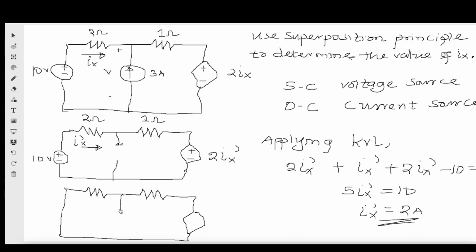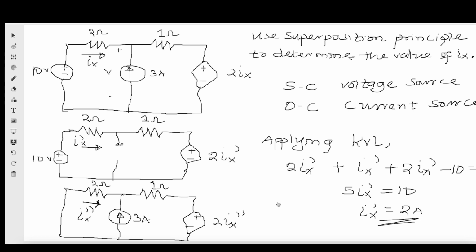Then we have the current source at the middle. And we'll name our Ix here as Ix double prime. And of course, this is plus minus, and this will be 2 Ix double prime.